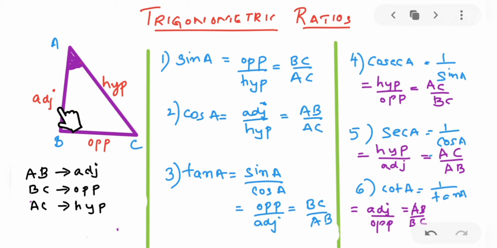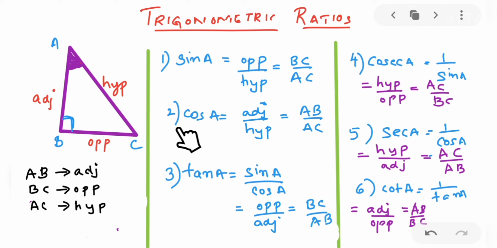Cos A is adjacent side by hypotenuse, so that is AB by AC. And the tan formula is obtained by dividing sine and cos. When you divide sine and cos, the hypotenuse and hypotenuse get cancelled and the formula becomes opposite by adjacent. So the formula for tan is opposite side by adjacent side, that is BC by AB.